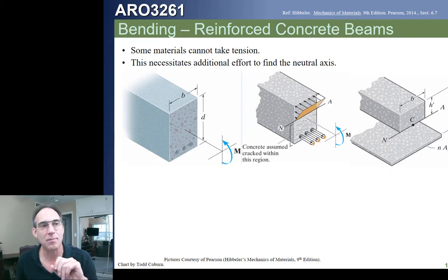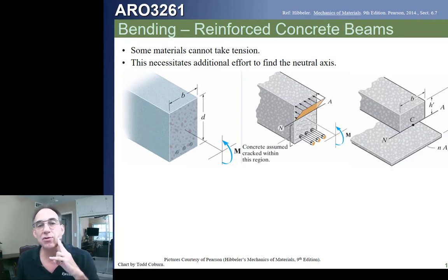You'll notice that's from the uppermost surface of the concrete to the center of the areas of the little steel rods. The area of the steel is approximated as the area, the pi r squared of all those rods, times your n of those, right? And so we can find this neutral axis is h prime from the top, okay?